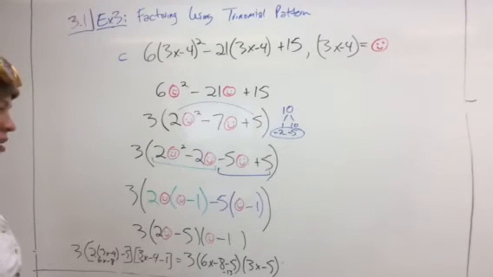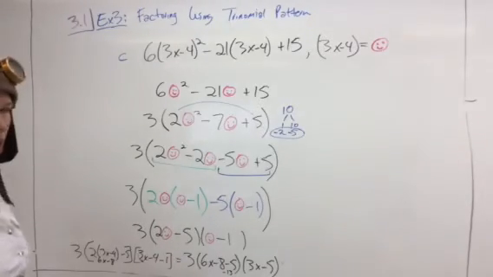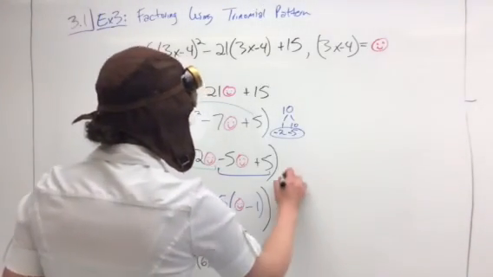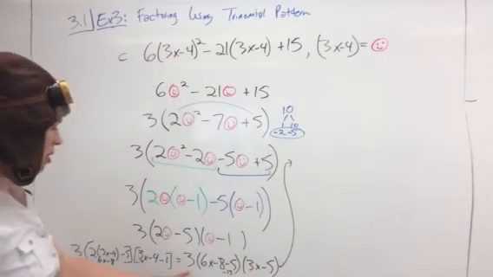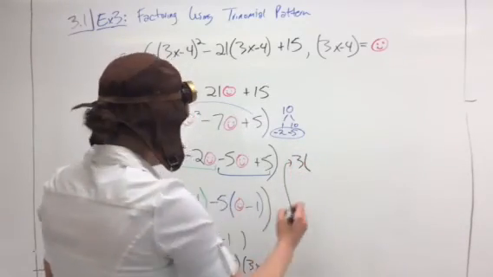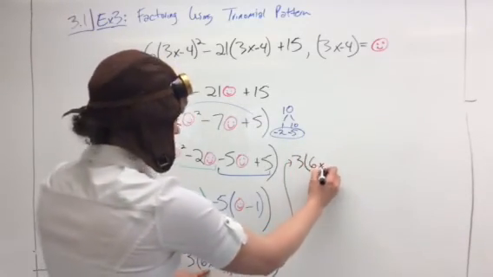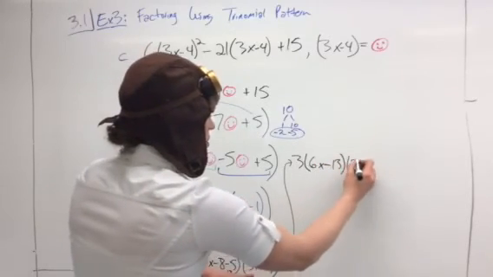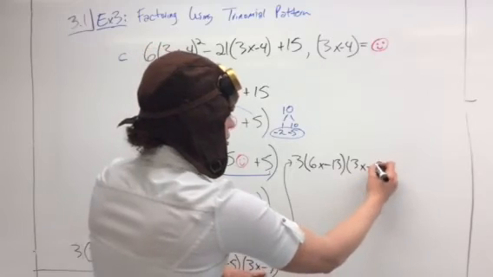Yeah, so it's kind of gotten a bit awkward because I'm running out of room. So I'm just going to try to redraw it up here as the final answer being 3 on the outside times 6x minus 13 times 3x minus 5.